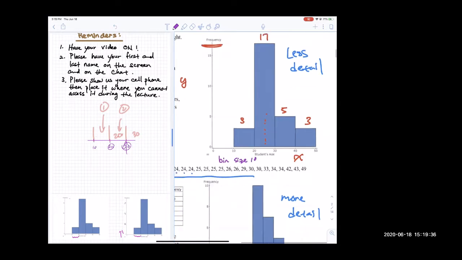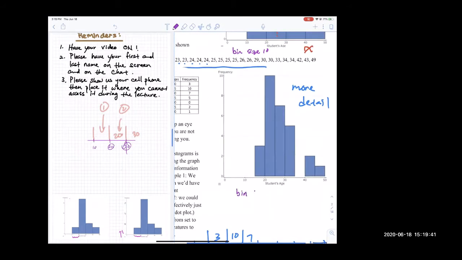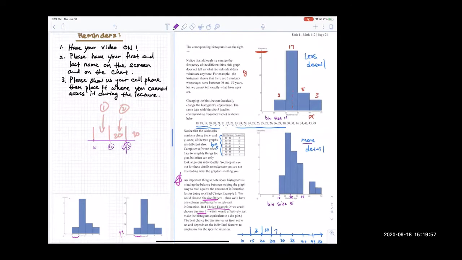This right here is the same data with bin size 5. We notice that it goes from 15 to 20, 20 to 25, 25 to 30, 30 to 35, 35 to 40, and so forth. This one has much more detail than the one with less detail. It's an art form. So how do you know which bin size to choose?